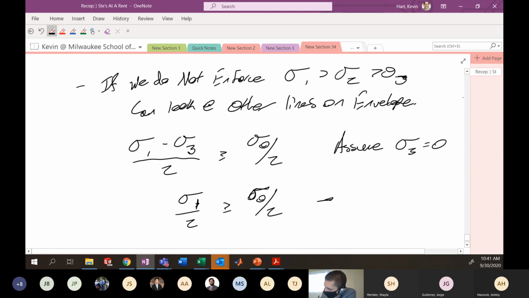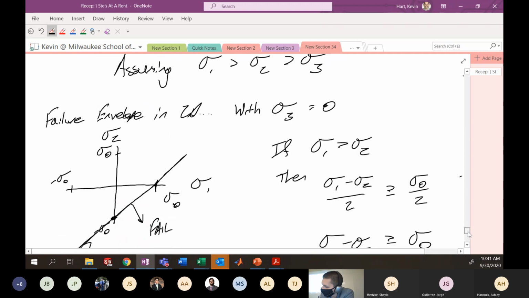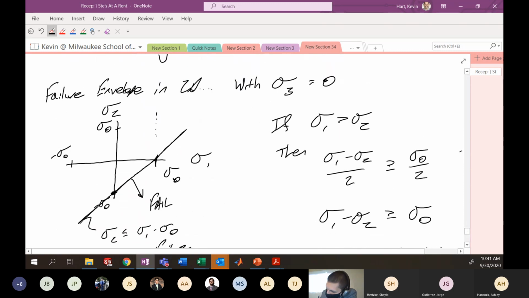This would simplify to sigma 1 greater than or equal to sigma 0 causes failure. That would be this line here, another line on our chart, showing that this would indicate failure.